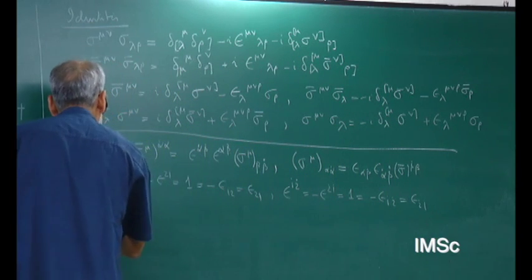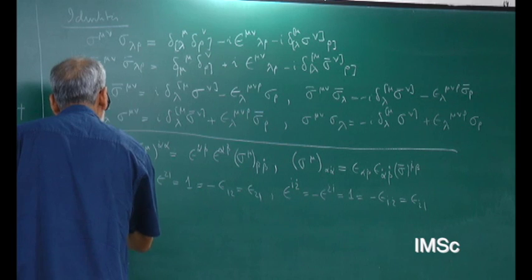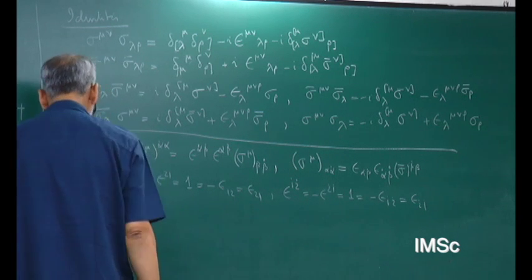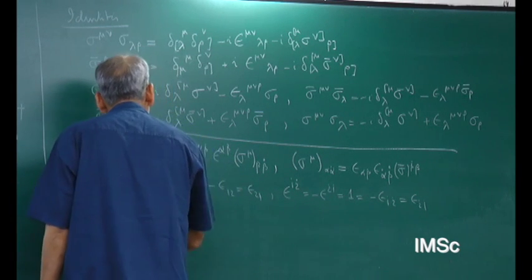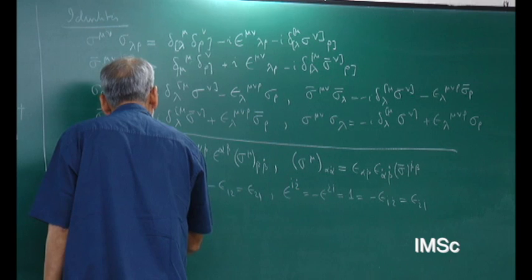Or let me write it in matrix form. Epsilon alpha beta is 0, 1, minus 1, 0.